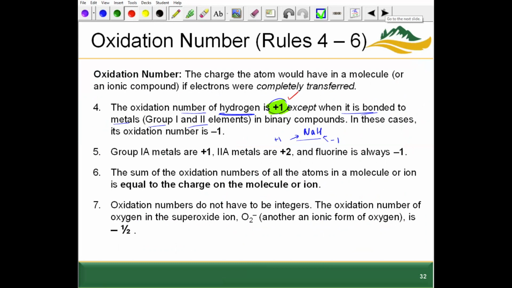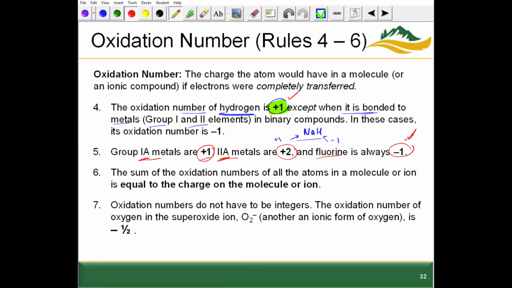Then continuing on in the pattern of what the elements prefer to form as far as cations or anions based on their placement in the periodic table, group 1A metals are +1, group 2A metals are +2, fluorine, a halogen, is always -1.